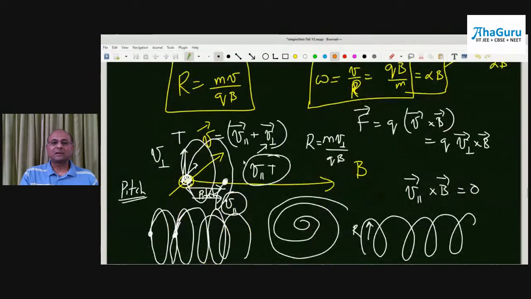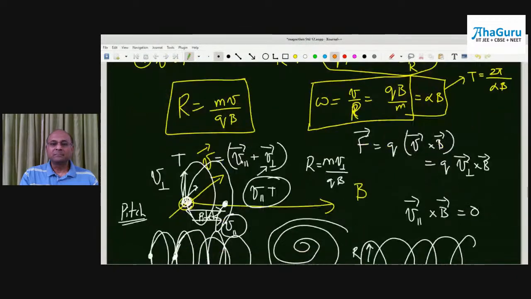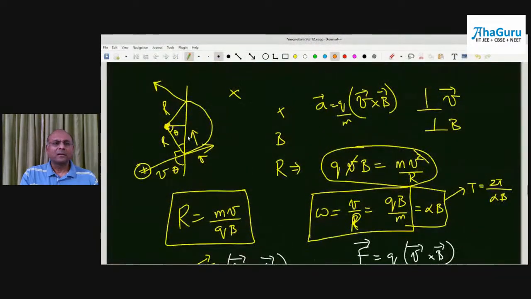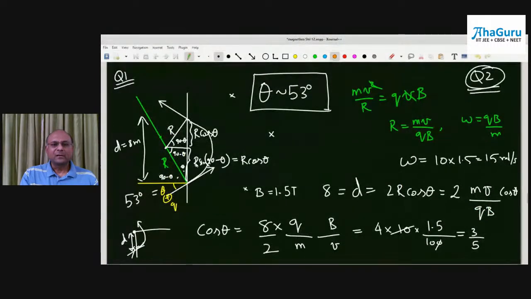Where is that D? I thought I would derive some D here. Here. R cos theta, R sin theta, right? So we have done this in this question only. Here we did this thing where D equals 2R cos theta, 2 times mv by qB cos theta.